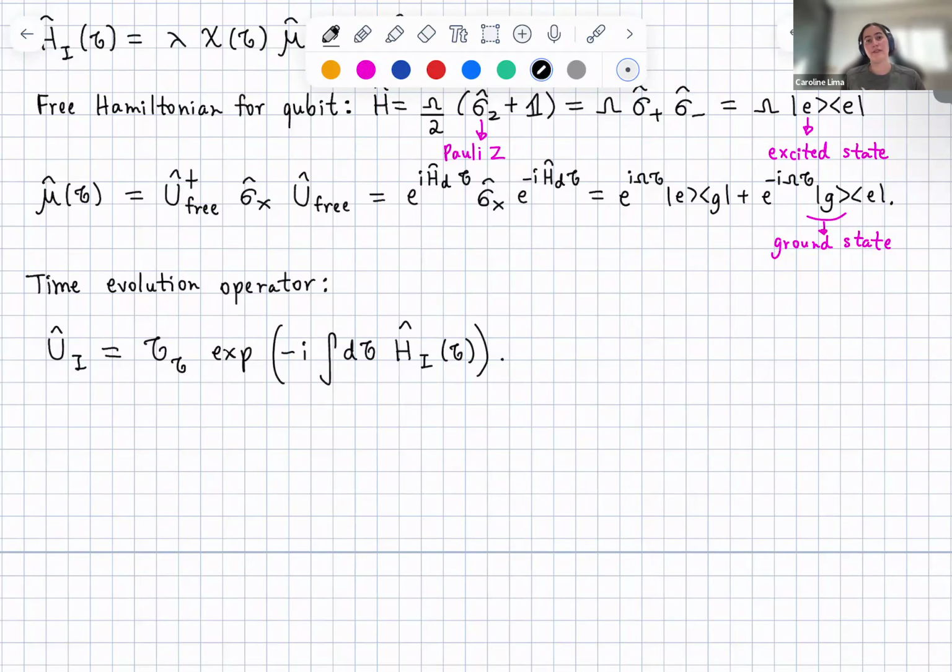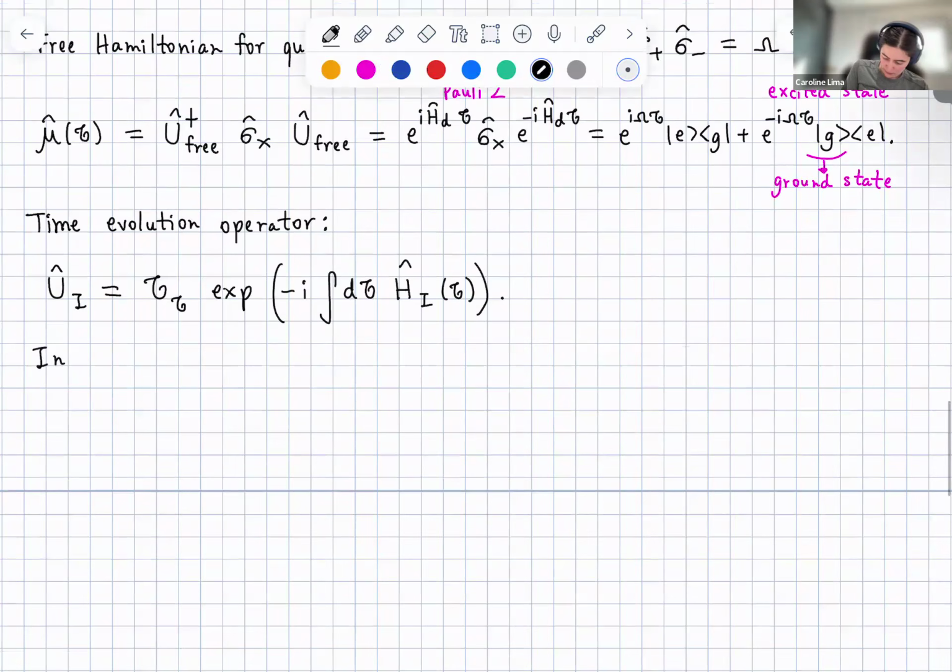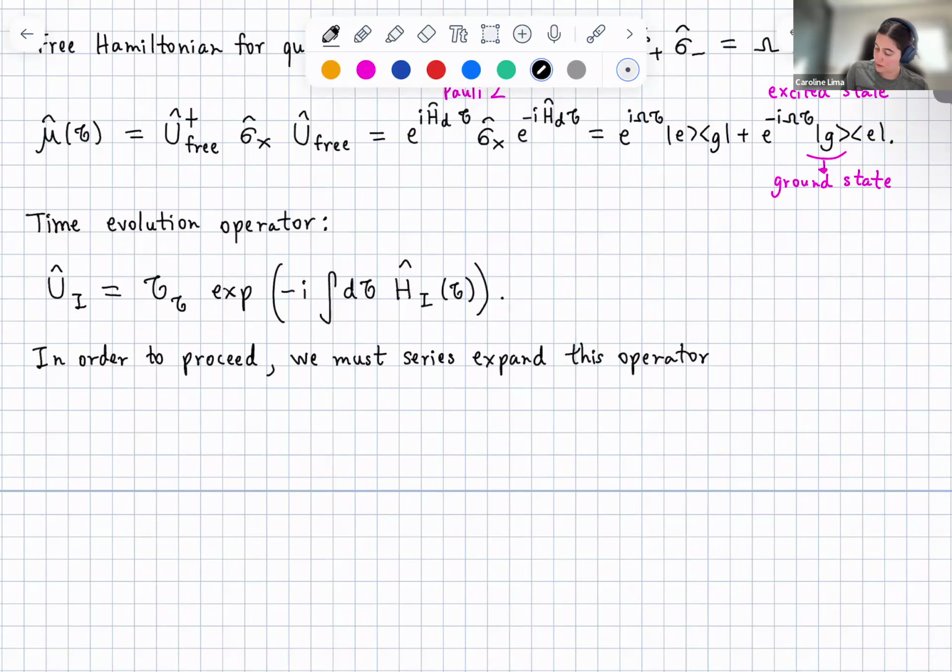Now, in order to proceed, we must series expand this operator. To do that, I can think of two possible ways.